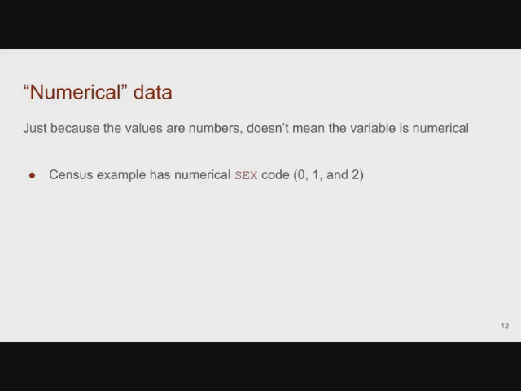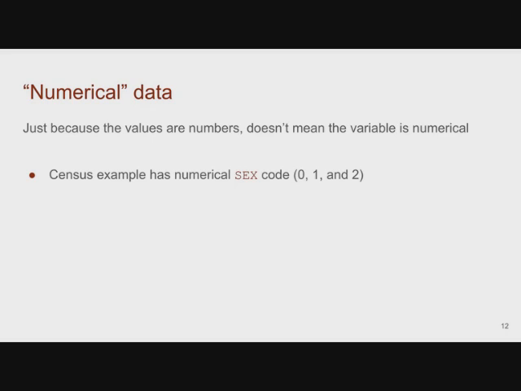Okay. And so the tricky thing here is that just because a column has a number does not mean it is numerical, okay? In the census example, we saw that the sex column was encoded as a number, 0, 1, and 2. Those are numbers, but it is not a numerical column. It is meaningless to treat these as numbers and subtract.